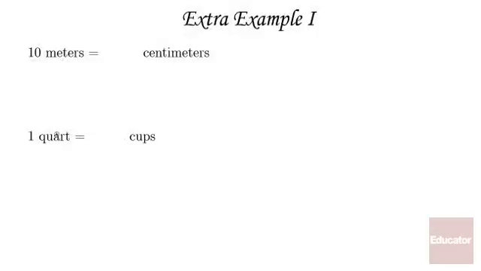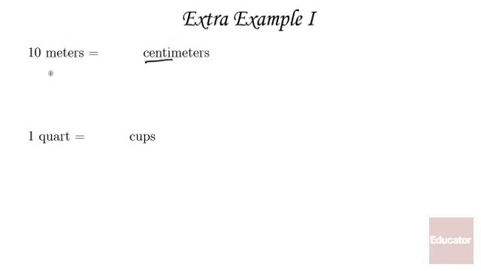So when we convert these, if I want to convert meters into centimeters, first of all, I have to know the measurement of 1 meter equals how many centimeters. Centi meant 100, right, but in a small way. So I know that 100 centimeters equals 1 meter.